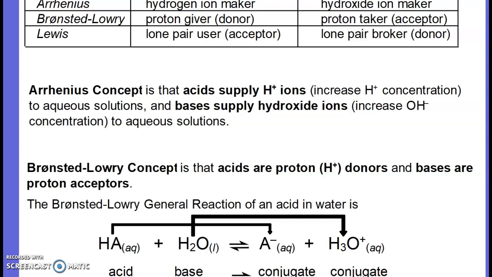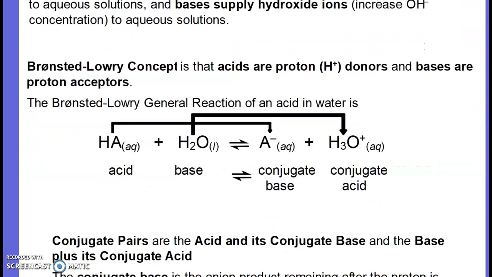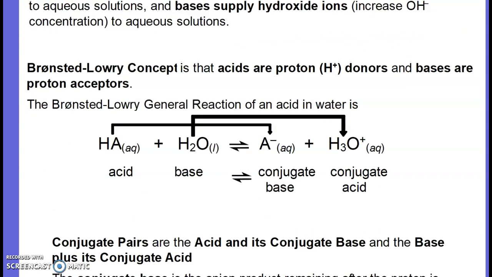Acids supply protons, or this H+, which is called a proton, or hydronium, as you'll see, and bases supply these OH minuses, these hydroxide ions. Here's a Bronsted-Lowry with a chemical reaction showing what happens.